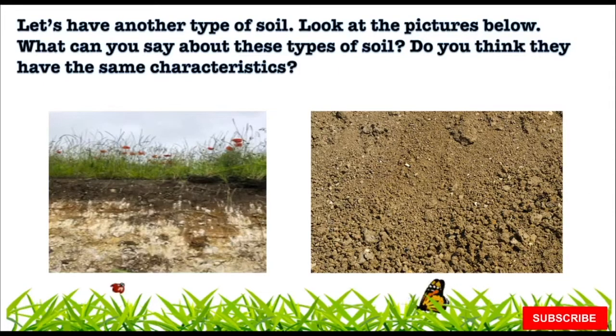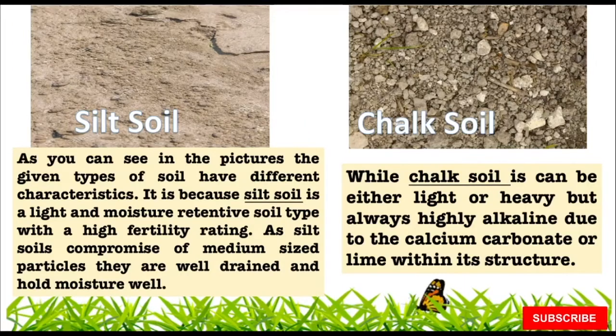Let's have another type of soil. Look at the pictures below. What can you say about these types of soil? Do you think they have the same characteristics? As you can see in the pictures, the given types of soil have different characteristics. It is because silt soil is a light and moisture retentive soil type with a high fertility rating. As silt soils comprise medium sized particles, they are well drained and hold moisture well.